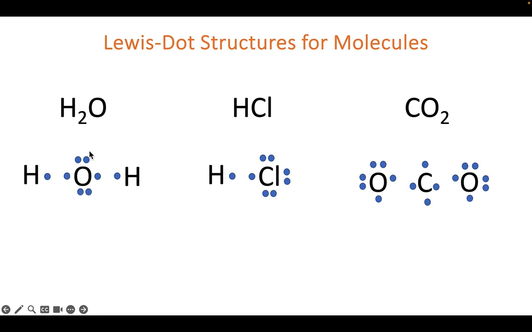It's surrounded by the 2 hydrogens, and it has a pair of electrons between the oxygen and each hydrogen, and then it has these 2 pairs of electrons. And remember, hydrogen has 1, so there's hydrogen's 1, there's hydrogen's 1. Oxygen has 6, so it's 1, 2, 3, 4, 5, 6.